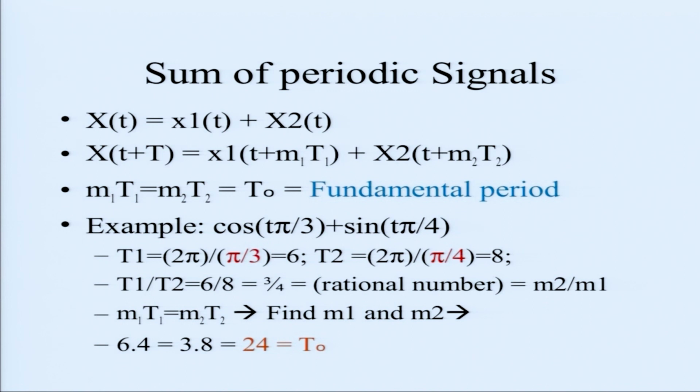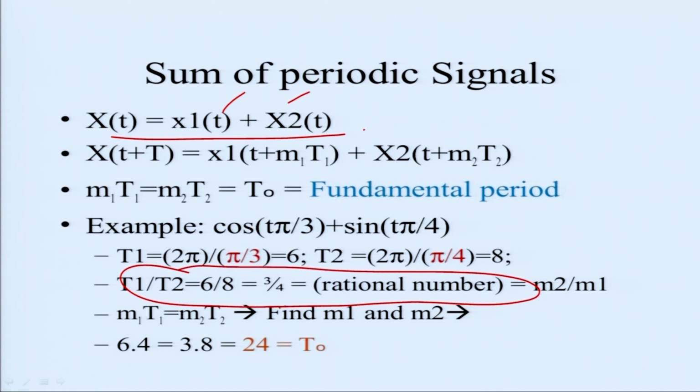Okay. Now, if we add two periodic signals, the result can be periodic or non-periodic. It depends on some criteria. What is that criteria? If there are two periodic signals and we add them, and the ratio of their time periods is a rational number, then the output signal will also be periodic.